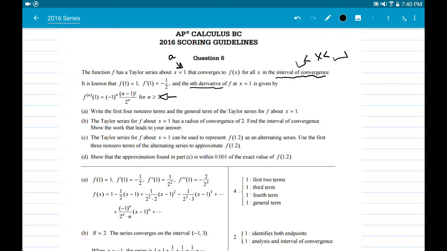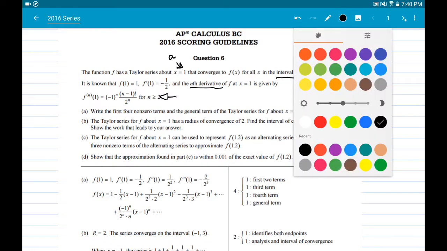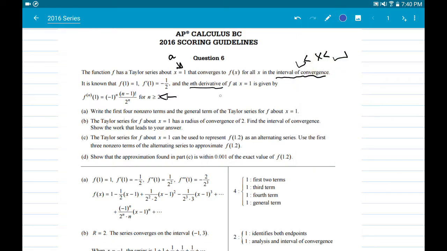The first thing that I just want to remind you of is that the Taylor series looks something like this, where you have f of a plus f prime of a times (x minus a), plus f double prime of a times (x minus a) squared over 2 factorial.